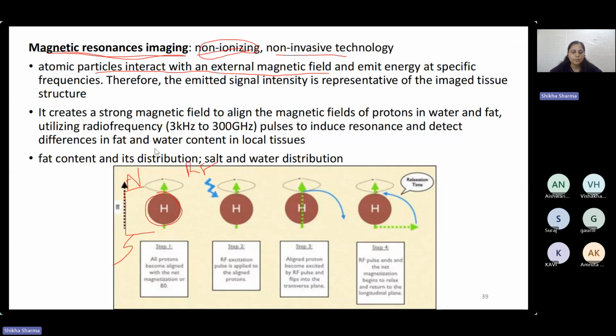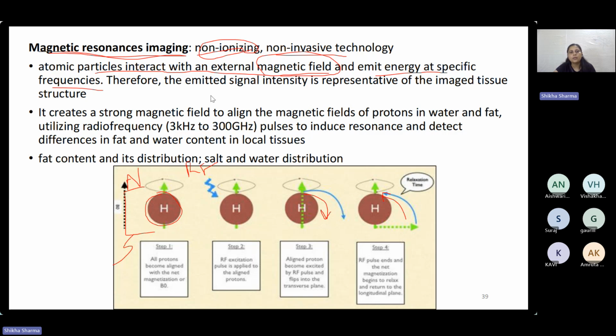If we apply the radio frequency, this alignment will change, right? And when we remove the radio frequency, the alignment will go back to the original. Based on that, the MRI works. Atomic particles interact with an external magnetic field and emit energy at specific frequencies.